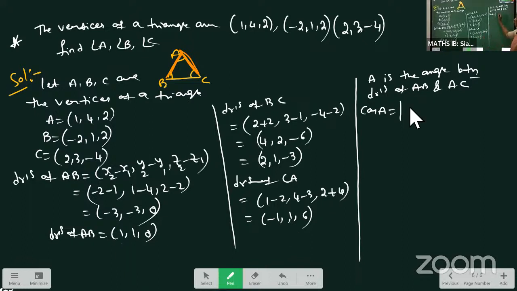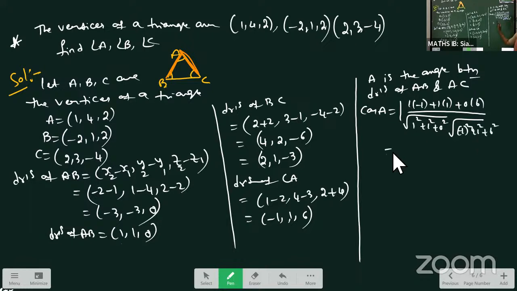Come on, 1 into minus 1 plus 1 into 1 plus 0 into 6 by under root of 1 square plus 1 square plus 0 square into under root of minus 1 square plus 1 square plus 6 square is equal to minus 1 plus 1 plus 0 by root 2 and root 38. In the numerator, plus 1 and minus 1 get cancelled.